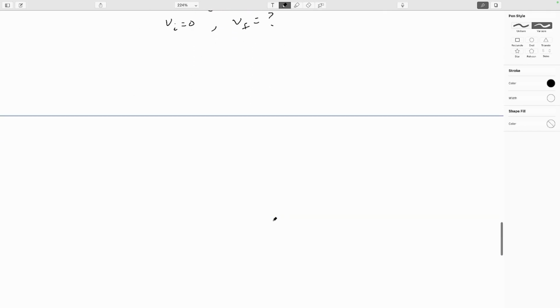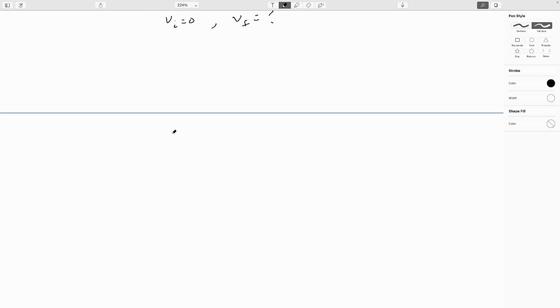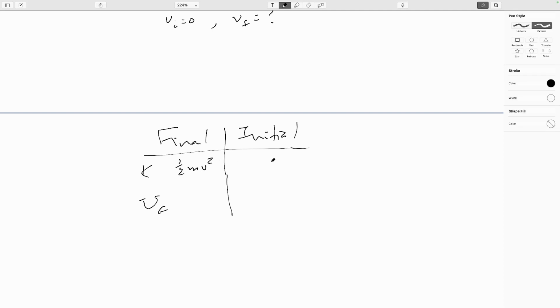All right, let's give it a shot. So again, same deal. We set up our table of energies here. So we'll say final, initial, kinetic, electric potential energy. So my final kinetic energy is going to be 1/2 mv squared. My initial is 0 because it's at rest. So 1/2 m v final squared, in fact.